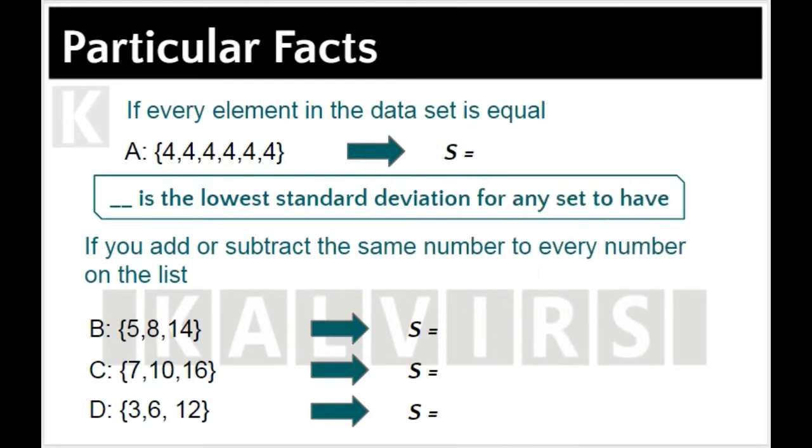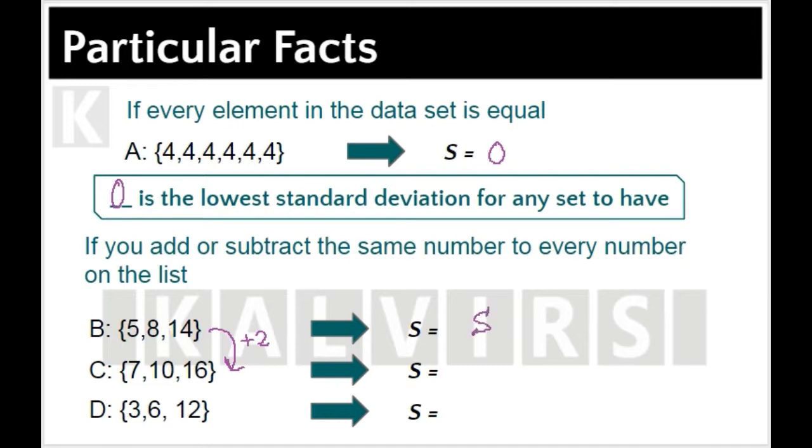When all data in the set is equal, the standard deviation is 0. 0 is the lowest standard deviation for any set. If you add or subtract the same number to every number on the list, the standard deviation is the same. For instance, here I add 2 units to each of the members of the list.